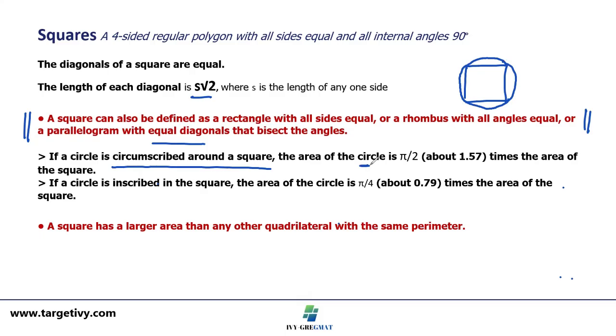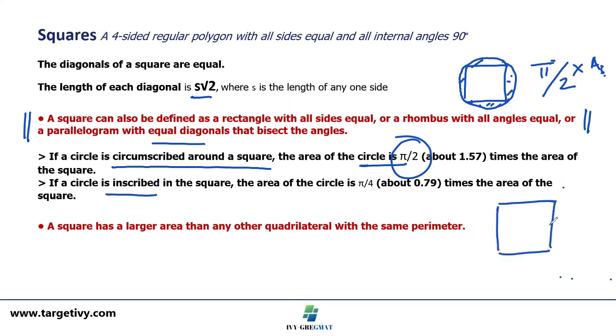The area of this circle which circumscribes the square is pi by 2 times the area of the square. If the circle is inscribed in a square, so if this is a square and the circle is inscribed in it, its area is pi by 4 times the area of the square. These two things you'll have to remember.